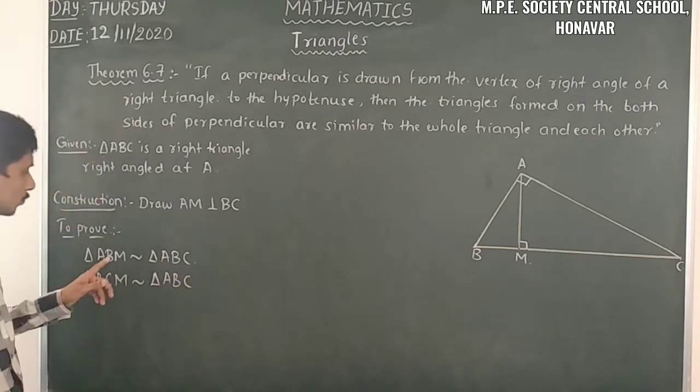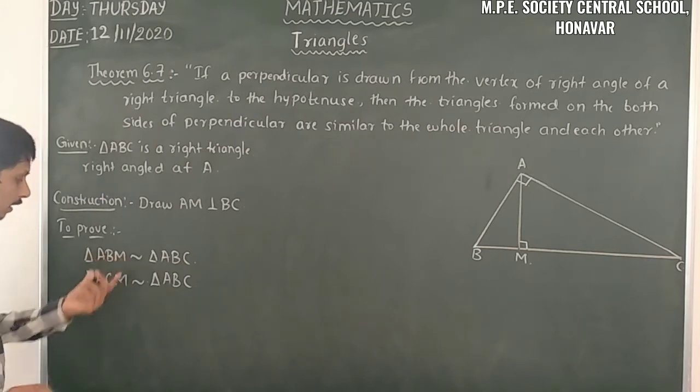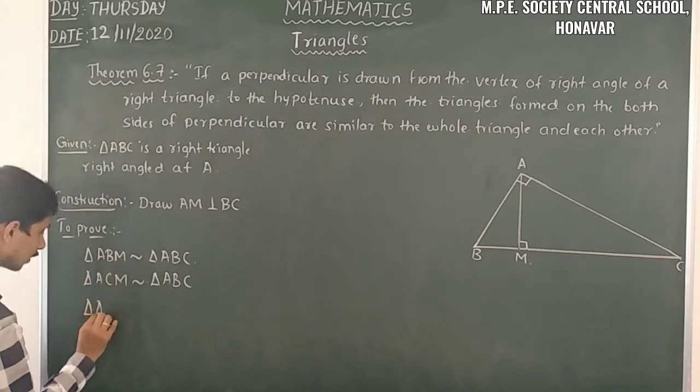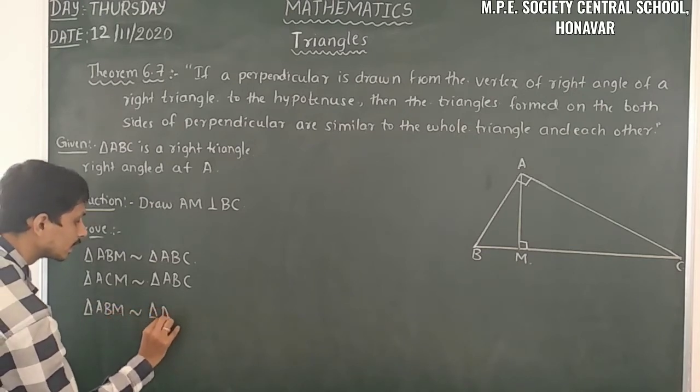And just observe, things which are equal to the same thing are equal to one another. So from that we can say triangle ABM is similar to triangle ACM.